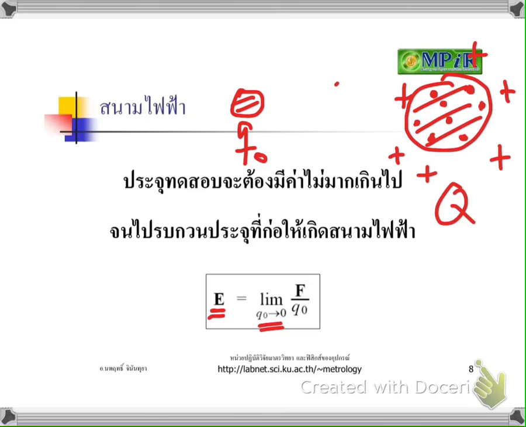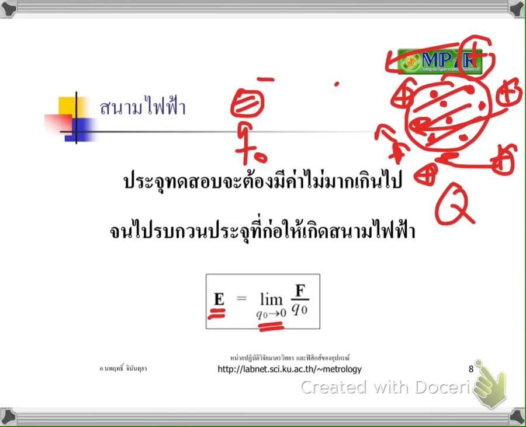And if I place a negative charge here, what is the force between Q0 and big Q? It is an attractive force, right? So it will attract the positive charge on the big Q. The positive charge distributed on the big Q will try to move as close as possible to the test charge.